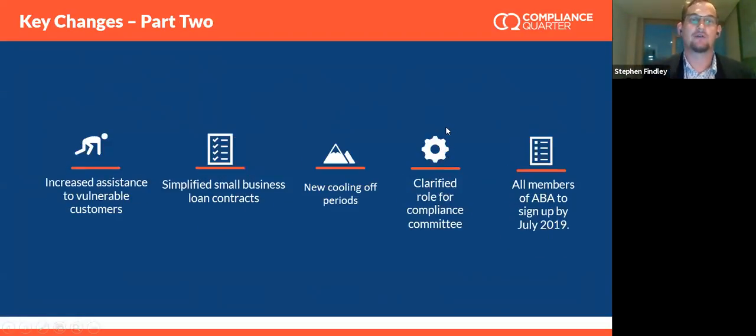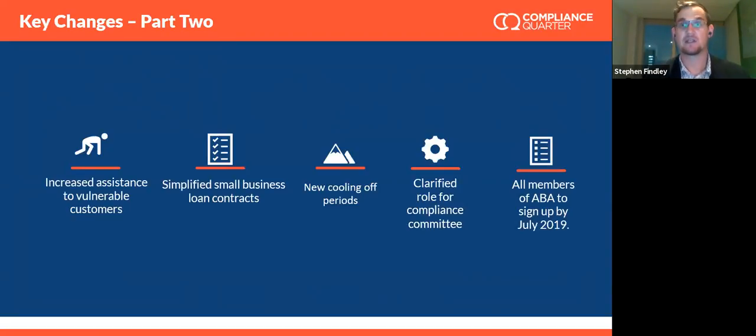Okay, part two, related to what I said earlier about the increased obligations around disclosure to customers before they sign up to credit card increases or lending products, is a requirement for increased assistance to vulnerable customers. So this includes customers with any form of disability, but also there's increased protection for low-income customers.